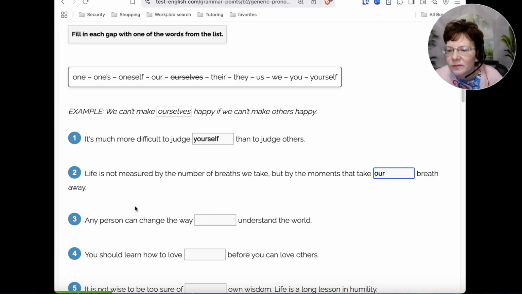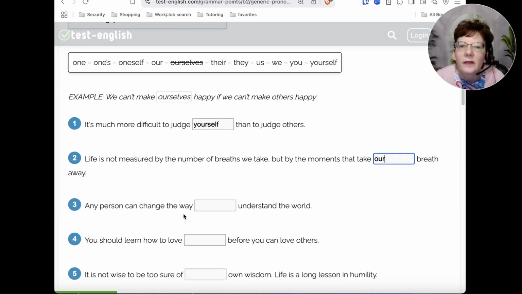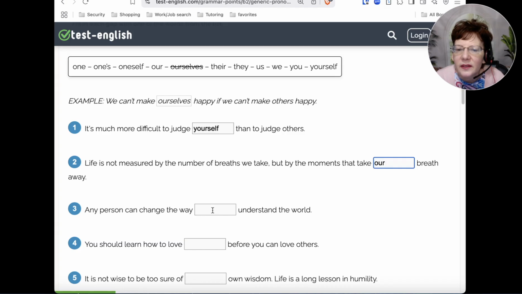All right. Number three, any person can change the way who understand the world. Okay, so talking here about singular reference. So what would we choose? They, right? Okay, all right. Number four, you should learn how to love who before you can love others.